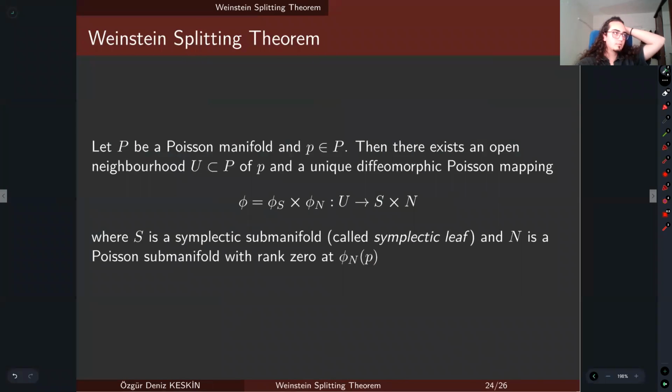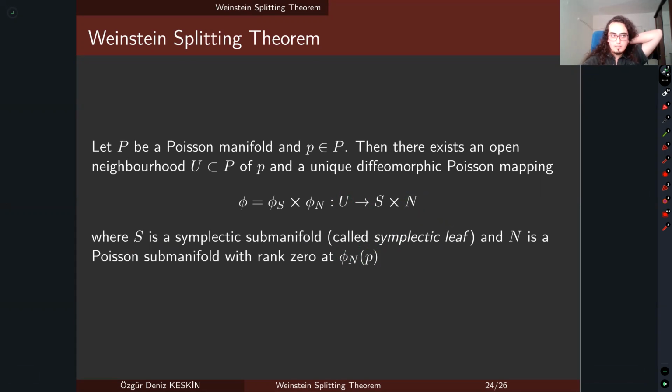And now we can finally state the Weinstein splitting theorem. For a Poisson manifold, around any point P, we can find a neighborhood U and a unique diffeomorphic Poisson mapping phi from U to S cross N, where S is a symplectic manifold called the symplectic leaf, and N is a Poisson submanifold with rank 0 at the image of P under the map phi_N.